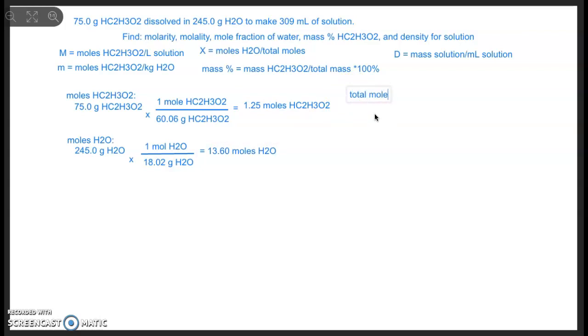Total moles would be 1.25 moles of acetic acid and 13.60 moles of water, which would be 14.85 moles total.